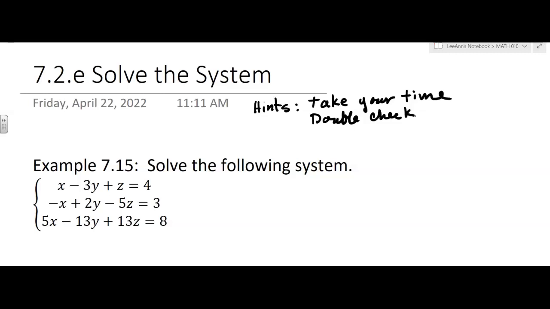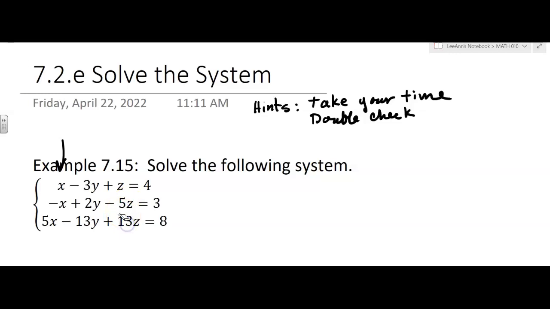Now, when you're using the elimination method, look for coefficients of 1. That's going to be a lot easier to multiply and add with than, say, if I wanted to do the 5 and the 13 here. That's going to be a little trickier. I mean, you can do it, but those are going to be bigger numbers and probably a little bit harder to work with.